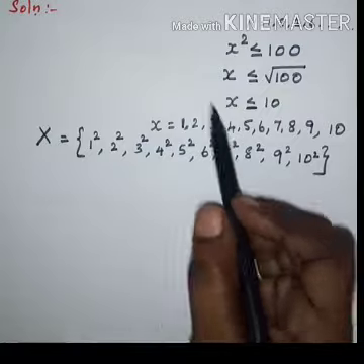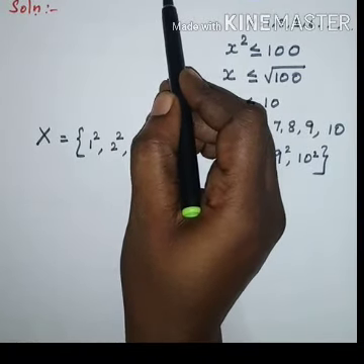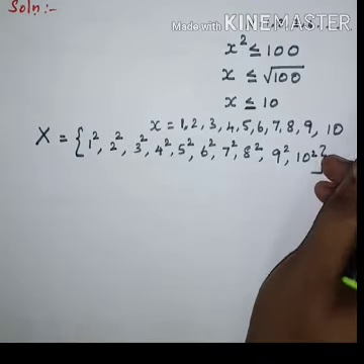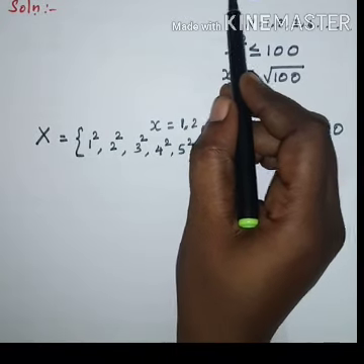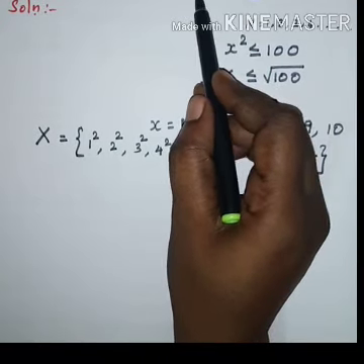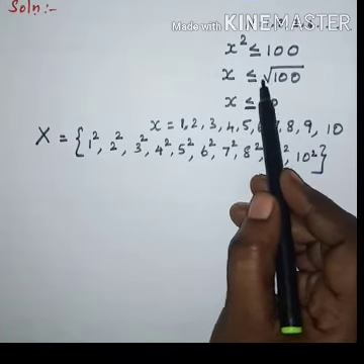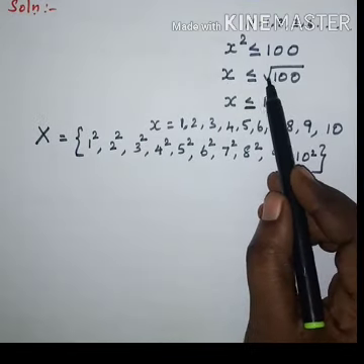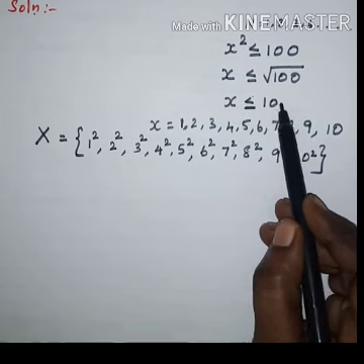Okay, is it clear? First, they are given the condition x belongs to natural numbers. Natural numbers start from 1, 2, 3, 4, etc. We know that. Here they are given the condition x square is less than or equal to 100. So first we have to find the value of x. So x is less than or equal to, square goes to this side means we have to take the square root. Square root of 100 is 10. So x is less than or equal to 10.